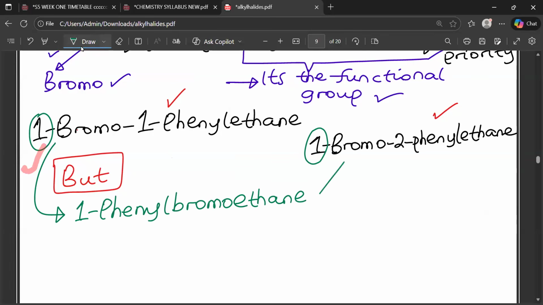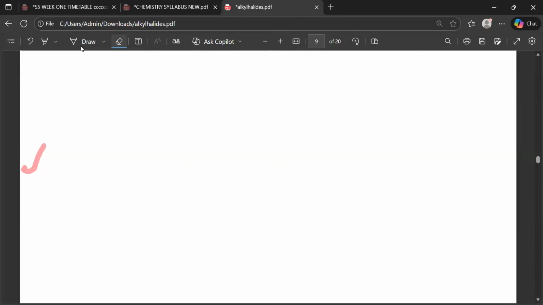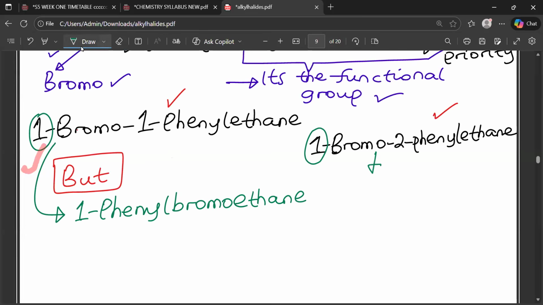Then here I say that this side is 2 phenyl bromoethane. Someone may ask, why aren't you saying bromo 2 phenyl? It's not okay. You always begin with a number if it's somewhere. So 2 phenyl bromoethane.